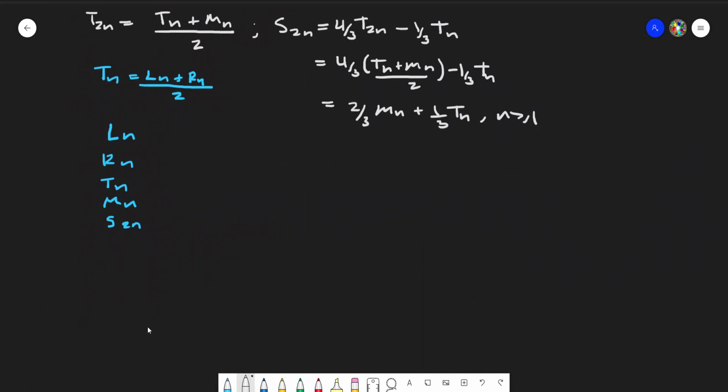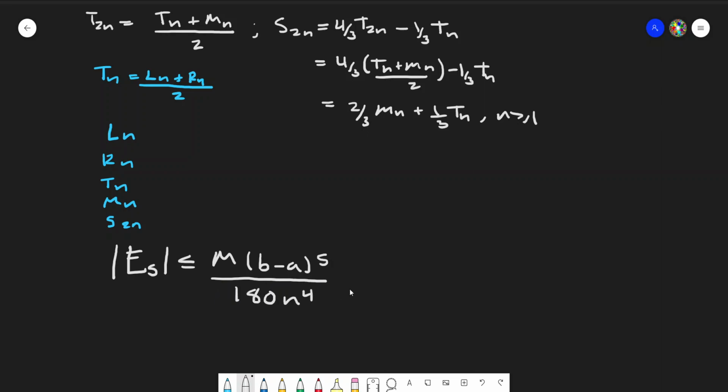The other thing we can mention as it relates to Simpson's rule is how to find the error. The error, which we can denote as the absolute value of E sub S, is going to be the maximum times (b minus a) to the 5th power divided by 180 n to the 4th power.